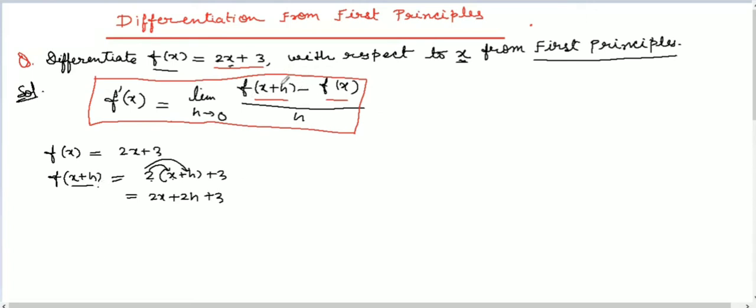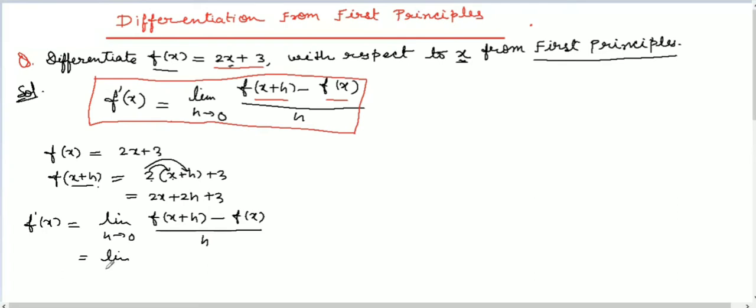Now we have f(x+h), f(x), and here is h. So write down the formula again here. f prime of x equal to limit h tends to 0, f(x+h) minus f(x) over h.